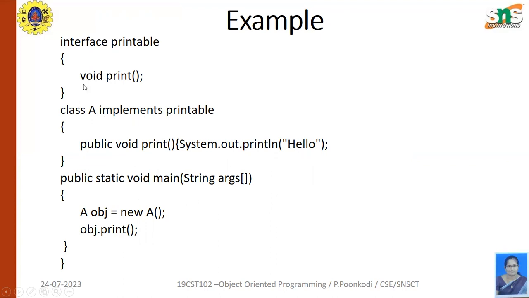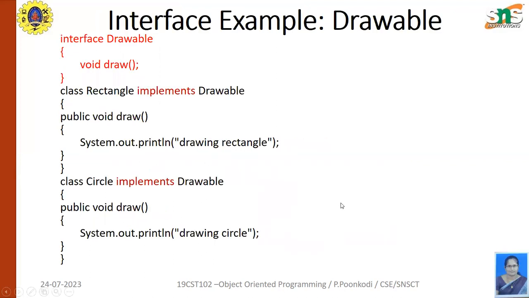In the main method, we are not able to create an object for an interface or abstract class, so here an object is created for class A. Through class A, we call print: A obj = new A(); obj.print(). The print definition is in class A because it is implemented in class A, so it will print hello.